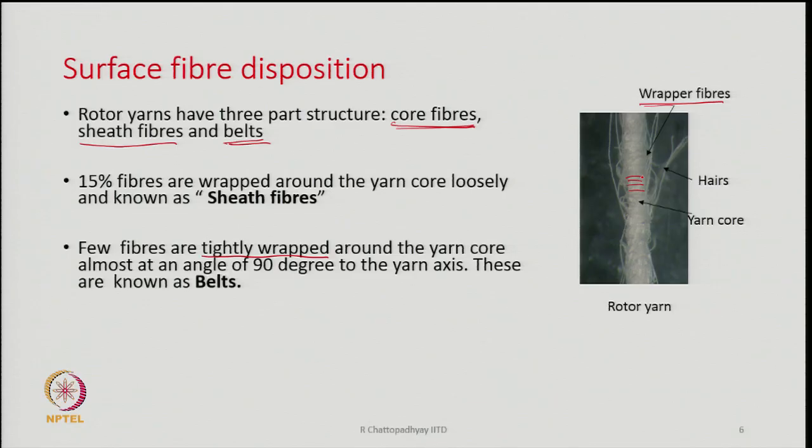So, these are the two types of fibers that are visible on the surface, other than the hairs that we also see. We can sometimes see some loops also, like here is a loop, here is a loop. We can say that there are certain fibers which are forming loops. Their percentage is much less, and they basically contribute towards the hairiness of the yarn.